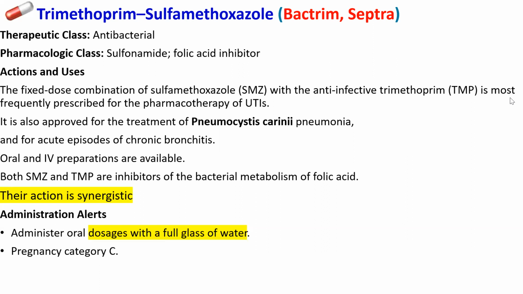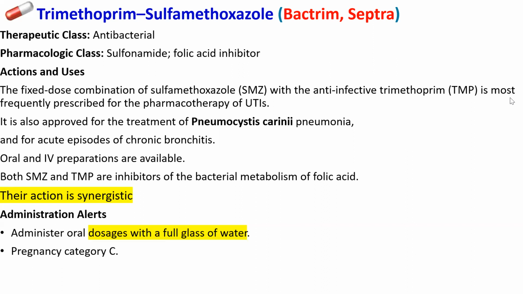It's one of the complications that HIV/AIDS patients may develop, and this drug is very effective to treat PCP. Also, the drug is effective to treat shigella infections of the small bowel and acute episodes of chronic bronchitis. The trimethoprim sulfamethoxazole is available as oral and IV preparations.